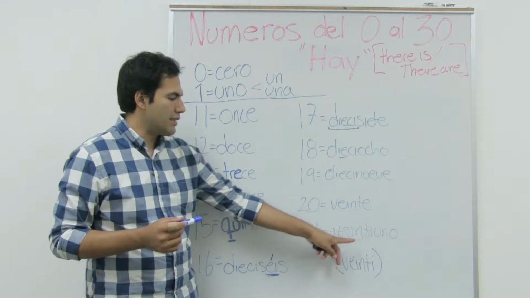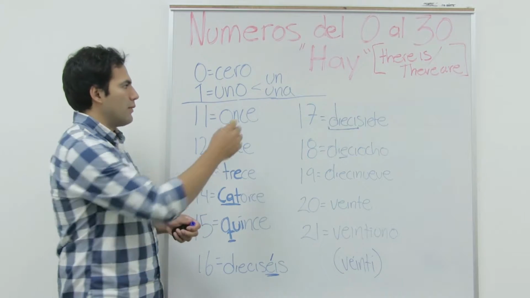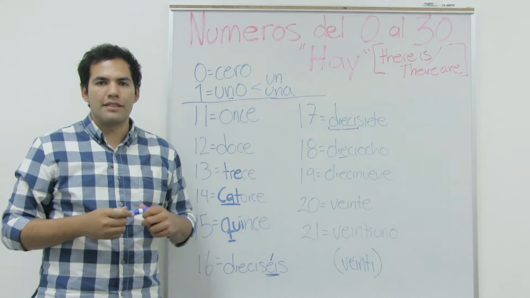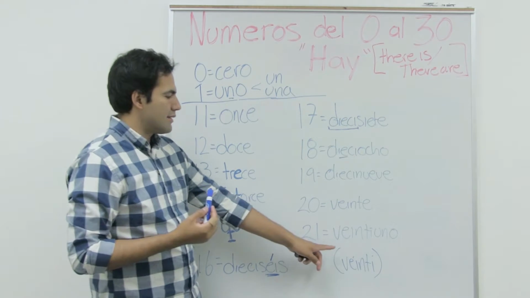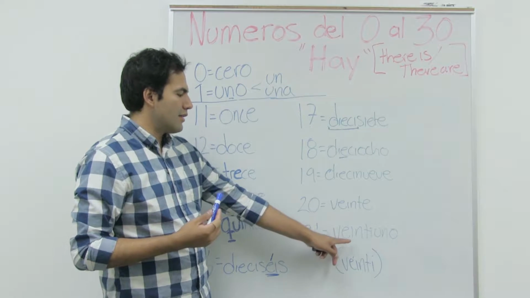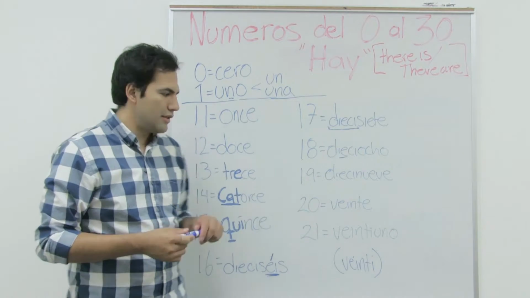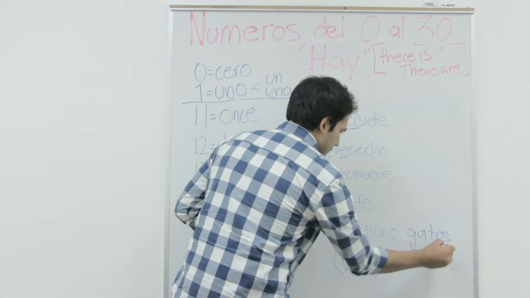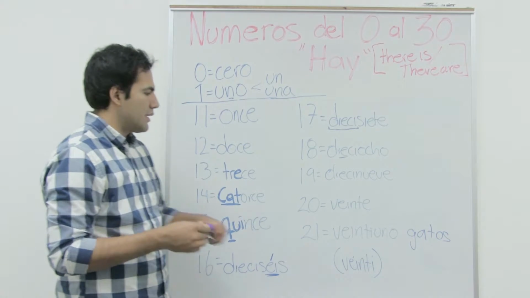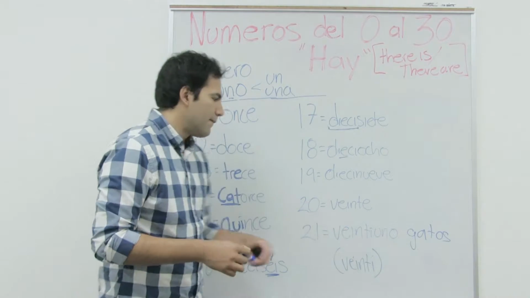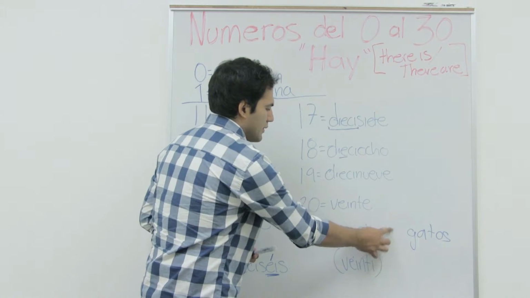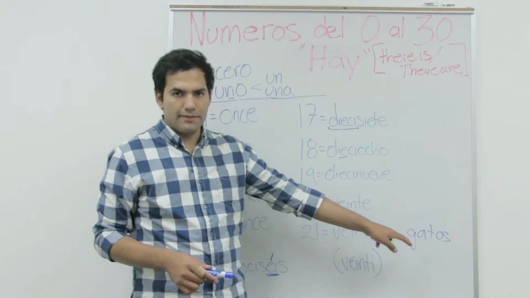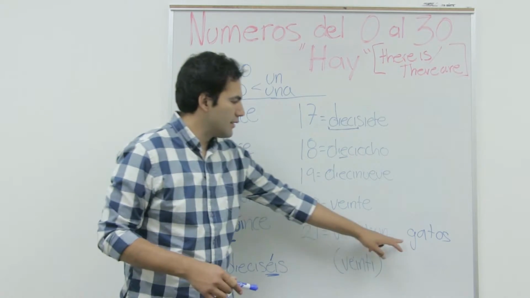20 and then 21. And the same rule that we learned here applies: when you're saying I have 21 cats, you're not gonna say tengo uno gatos. We are not gonna use uno because uno is to describe the number. So we're just gonna say 21 gatos. Okay, so it's the same rule.